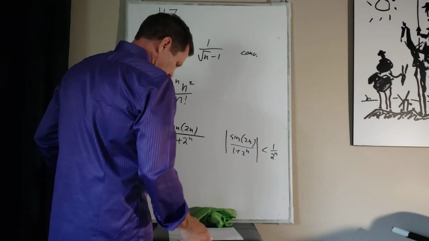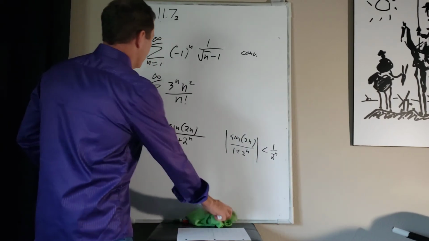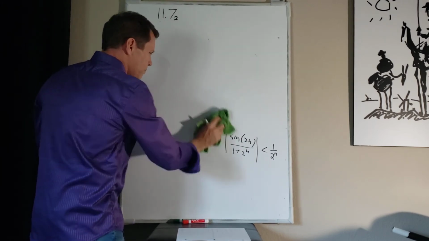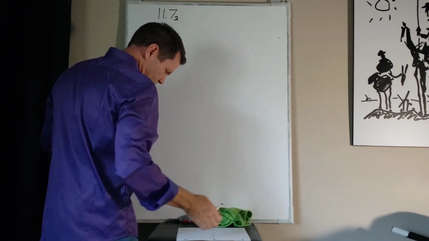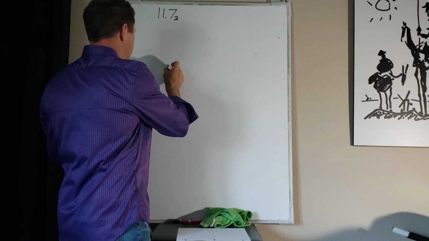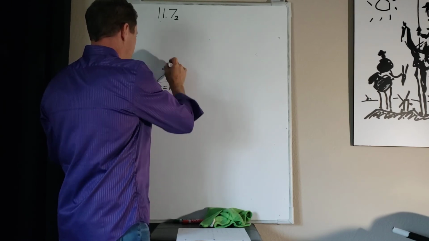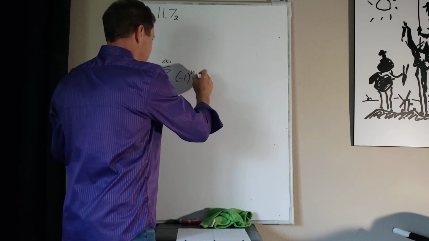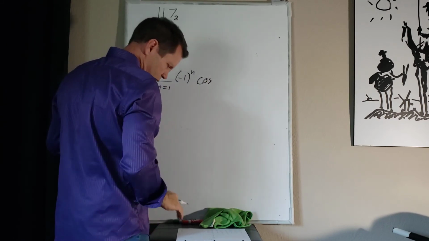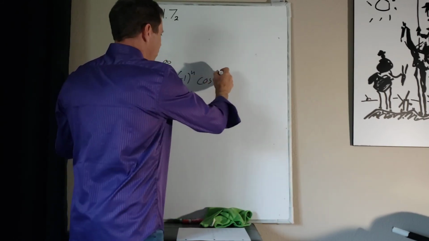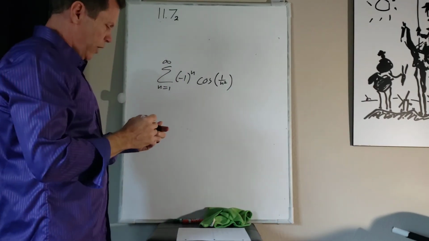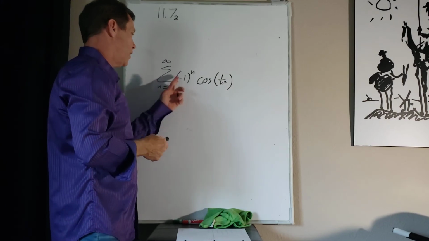Okay, last one. Let's look at the summation n equals 1 to infinity of (-1)^n cosine of 1 over n squared. What do you think is going to happen to this? It's alternating.